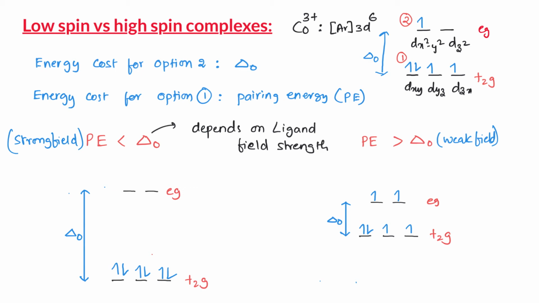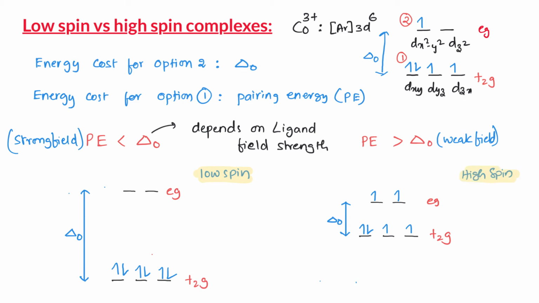Let us now look at the unpaired electrons. The complex with strong field ligand contains a lower number of unpaired electrons than the complex with weak field ligand. We call the complex with fewer unpaired electrons a low spin complex, and the complex with a greater number of unpaired electrons is called a high spin complex.